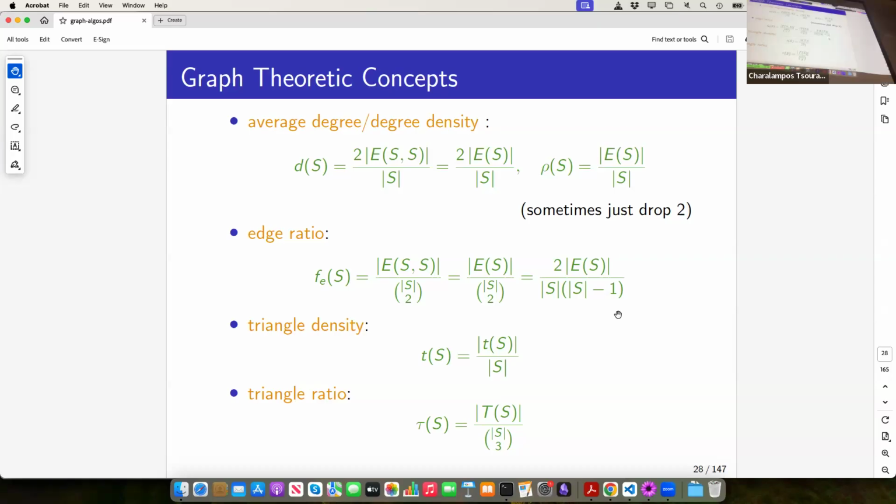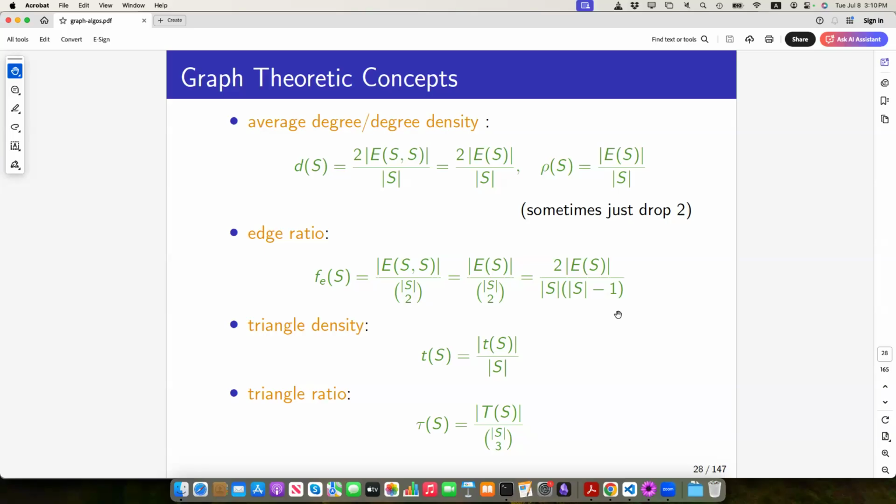I like asking questions, so I hope that's fine. If I have a graph and I ask you to maximize the edge ratio, find me the subgraph S that maximizes the edge ratio, I claim that this is a trivial question. Why? We said that this number is between 0 and 1, okay? If you take a single edge, what is the value of this subset?